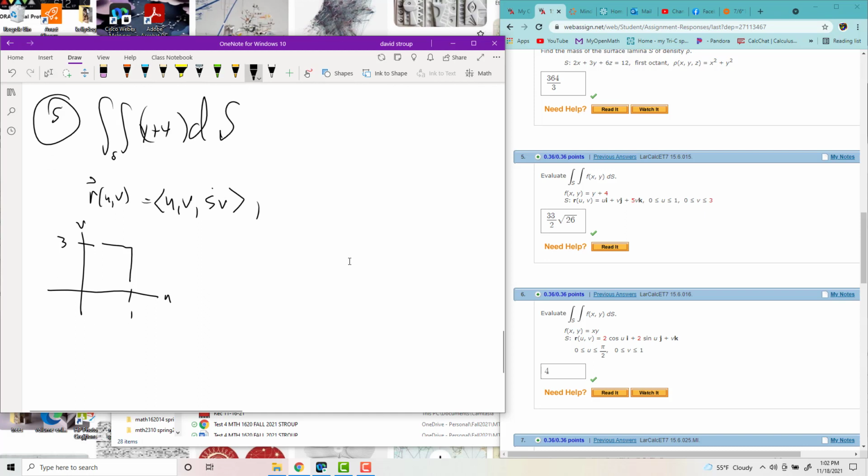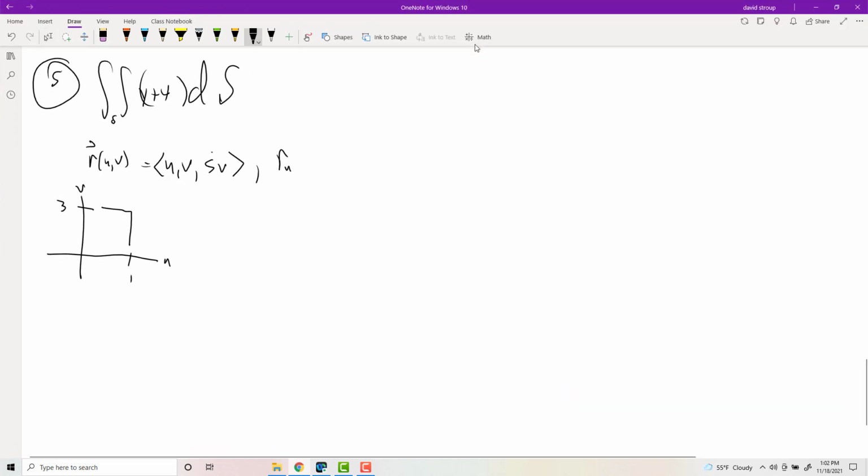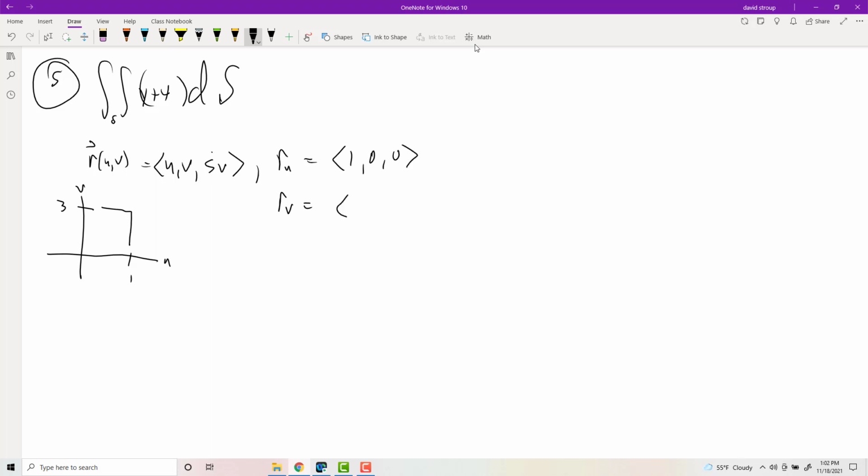Okay, so I need to get the partial derivatives and then their cross product to pull this off. r_u will be (1, 0, 0). That should be painless. r_v is (0, 1, 5). And the cross product equals, cover up the first column, 0 minus 0.